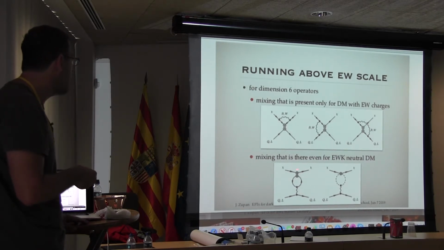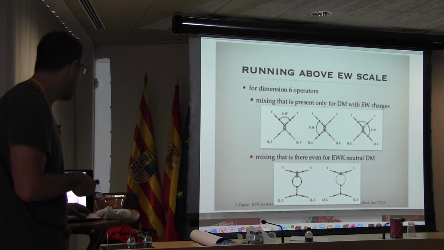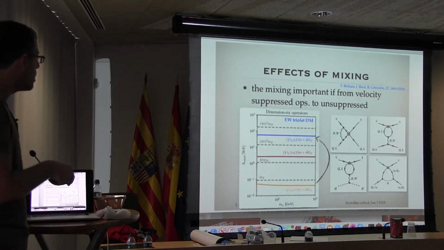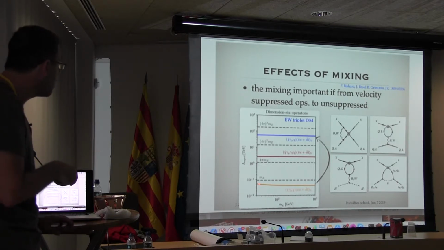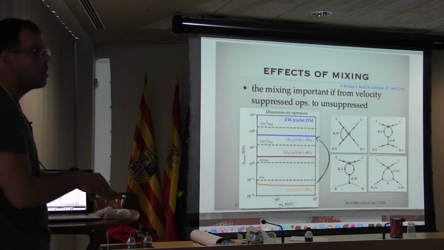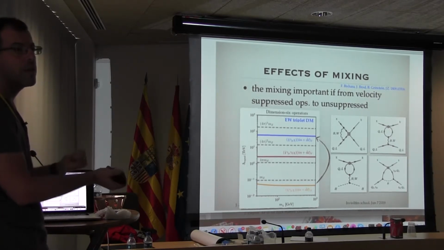I'm just showing one, there are others. Let's say you have a quark loop and you emit a B field. So what does this mean for our example? I said we had this highly suppressed vector times axial operator, and we fine-tuned the theory such that in the UV I only generate this one, with opposite charges to left and right.